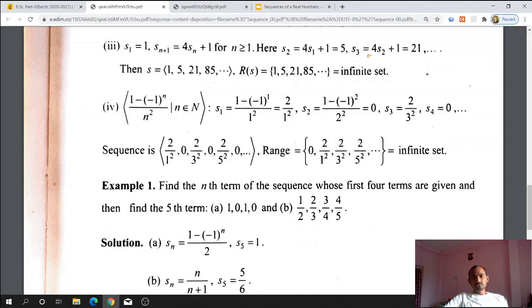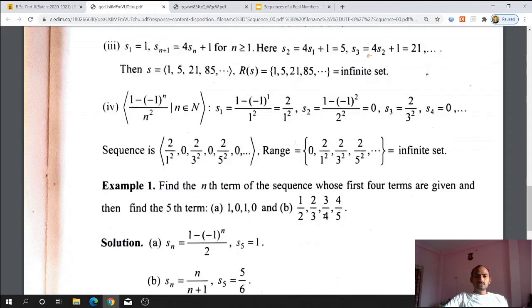The range of S is 0, 2 upon 1 square, 2 upon 3 square, 2 upon 5 square, 2 upon 7 square, and so on. Repetition of 0 does not come in this set, because this is a set. So this is again an infinite sequence with an infinite range set.